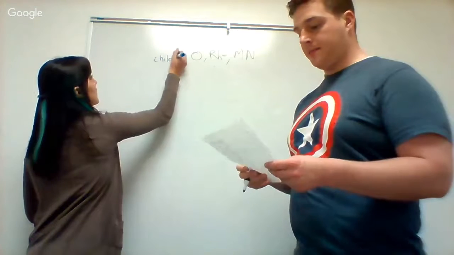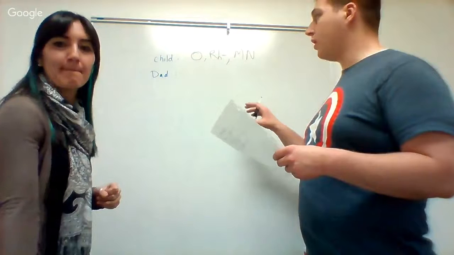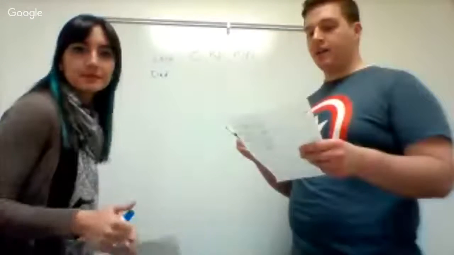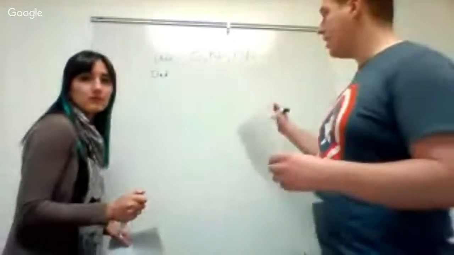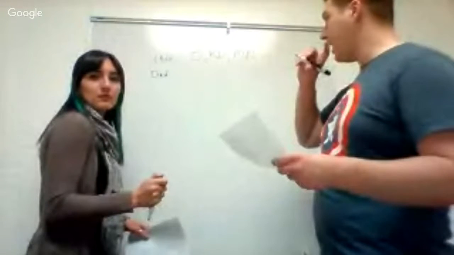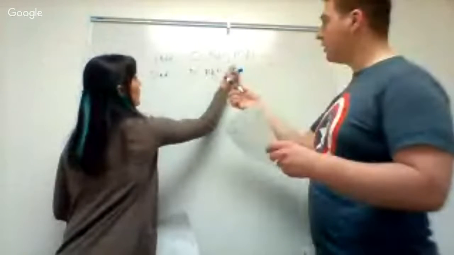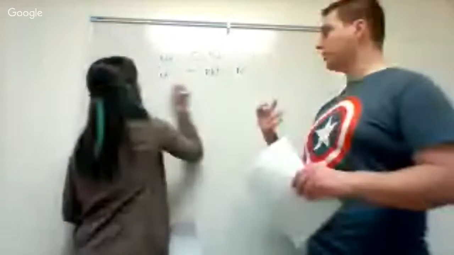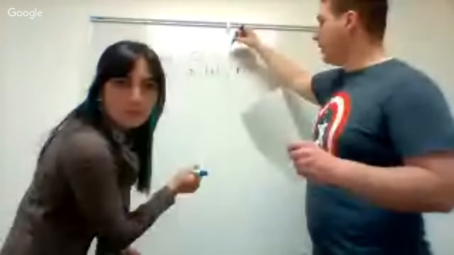To decide if we could prove him wrong or not, we took the genotypes that we had and made Punnett squares to see if that's correct: whether the father with these phenotypes that she's writing on the board, and the mom with the phenotypes that she's going to write as well, could have a child with O, Rh negative, and MN.